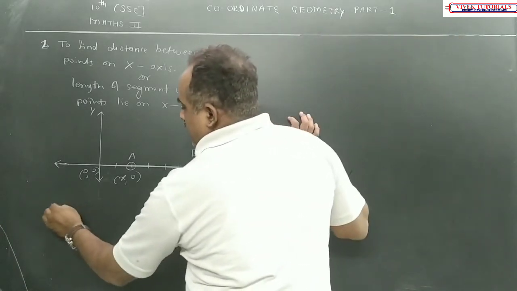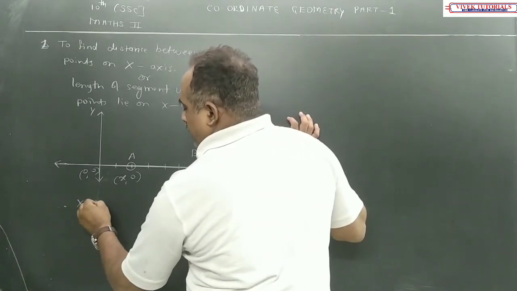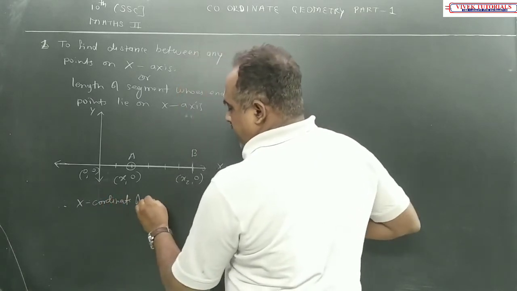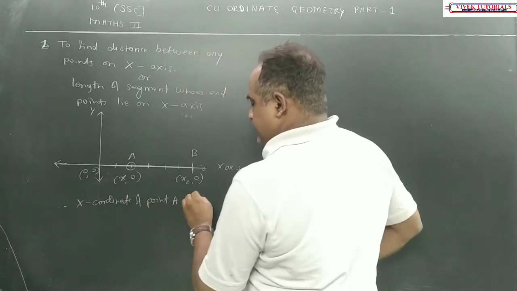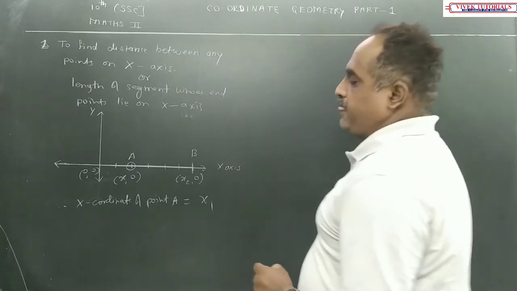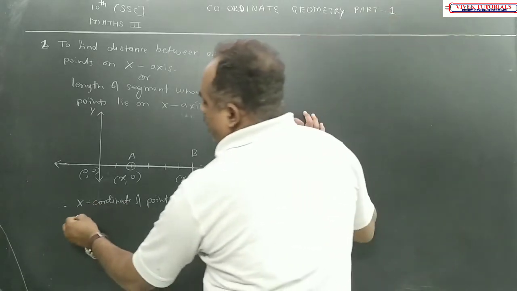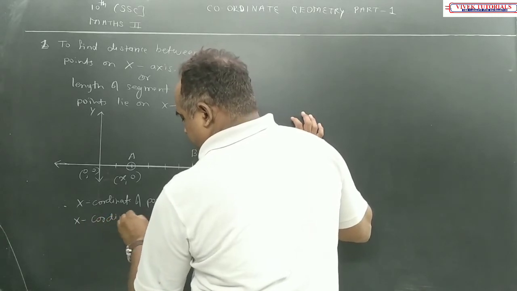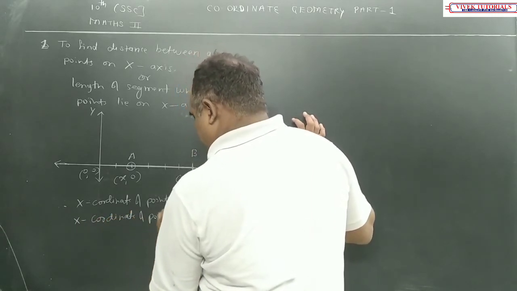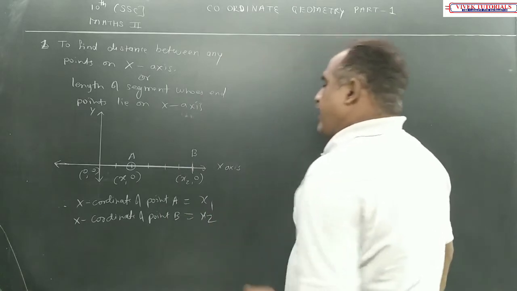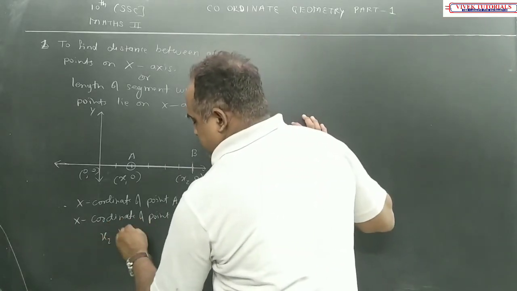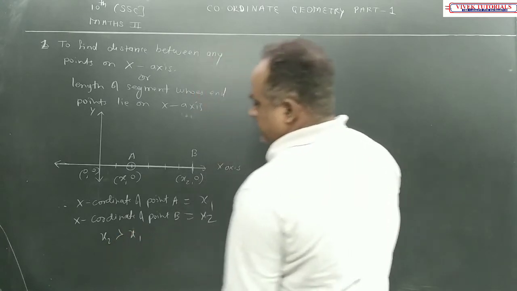So the x coordinate of point A is x1, and the x coordinate of point B is x2, and in such a case x2 is greater than x1.